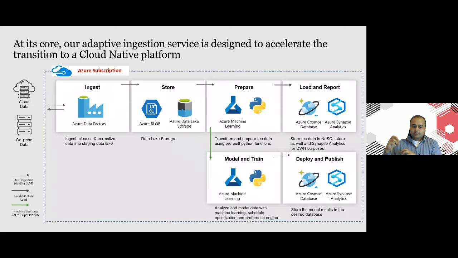What are you catering towards? If your focus is primarily migration, yes, look at the top component of this diagram, and that will take your data from your on-prem sources, and deploy it into, in this case, Synapse Analytics, which will hold relational databases, and will see to your reporting use cases.